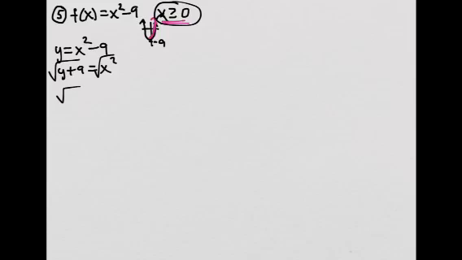Normally it's plus or minus the square root of y plus 9, but since we picked the positive side, then it's a positive root. So now we switch the x and the y, and then switch the notation.